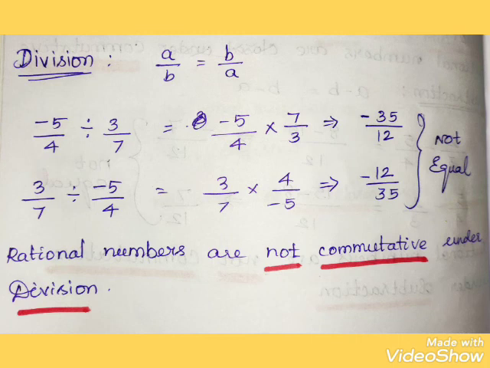If we have a division, in previous classes we know that we can put the multiplication symbol and put the reciprocal of the other number. So 7 by 3. So minus 5 into 7, minus 35 divided by 12. Then 3 by 7 divided by minus 5 by 4, you will get minus 12 by 35. Both are not equal. So rational numbers are not commutative under division.